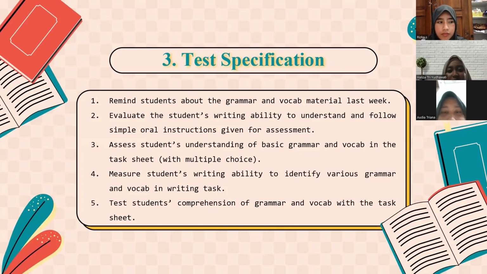All right, the next is test specification. So now there is reminding students about the grammar and vocab material last week, and then evaluate the students' ability to understand and follow simple oral instructions given for assessment, and then assess students' understanding of basic grammar and vocab in the test sheet with multiple choice, and then measure students' writing ability to identify various grammar and vocab in a writing task.